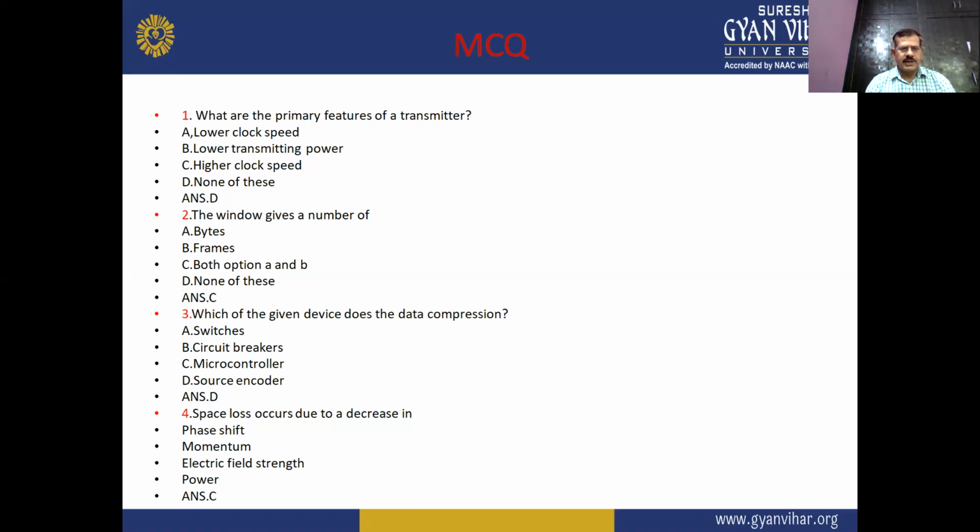Next, space loss occurs due to the decrease in: option A, phase shift; option B, momentum; option C, electric field strength; and option D, power. The correct option is C, electric field strength, because space loss occurs due to a decrease in electric field strength.